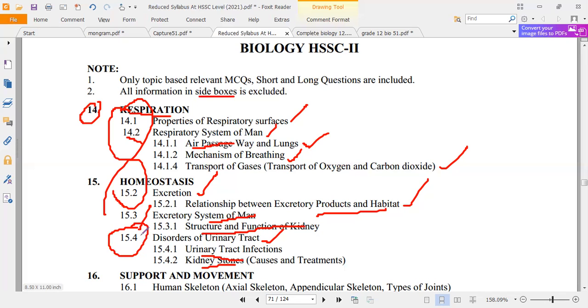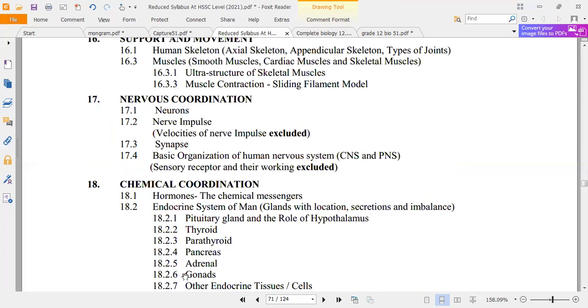So you have to go through all the related topics, but here just 15.4.1 and 15.4.2 are mentioned with the name, so you have to focus just on these two topics.